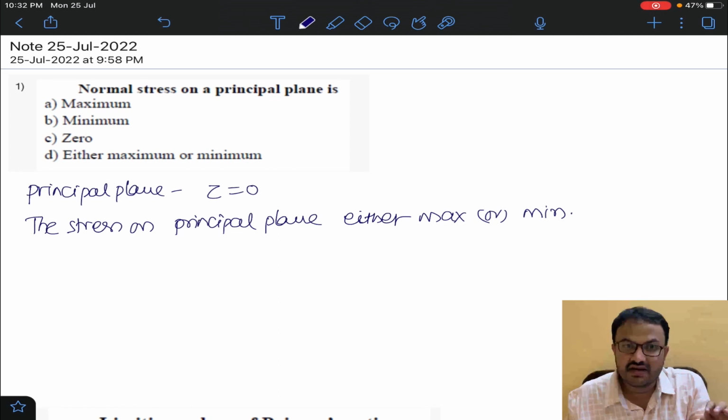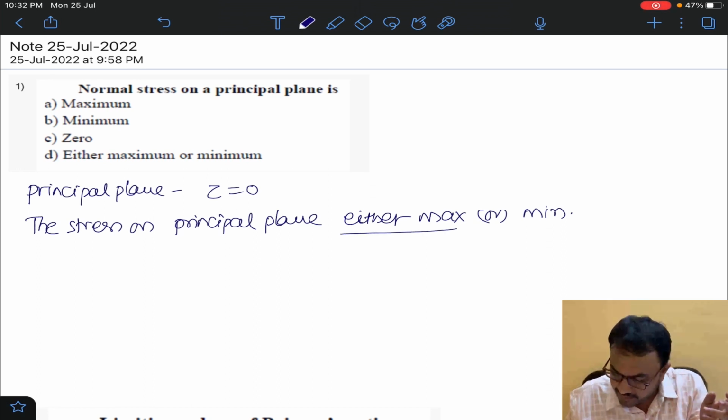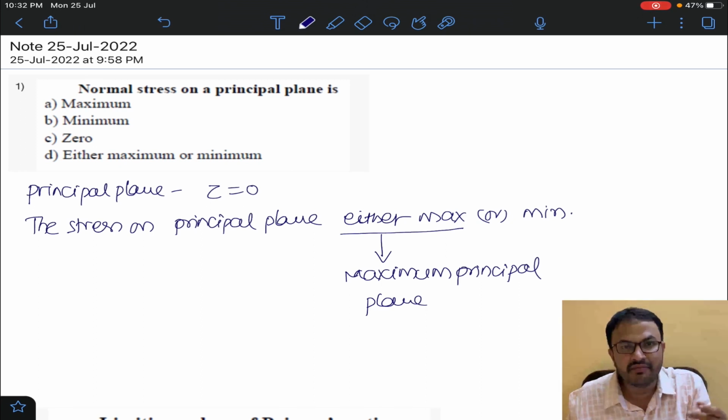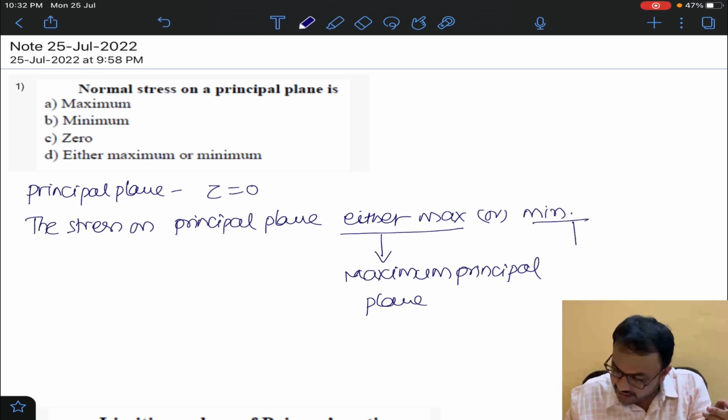If the normal stress on the principal plane is maximum, then we call it the maximum principal plane. Or else if it is minimum, then we call it the minimum principal plane.